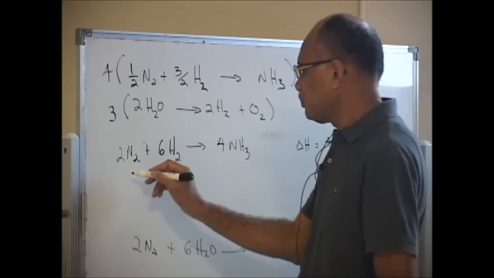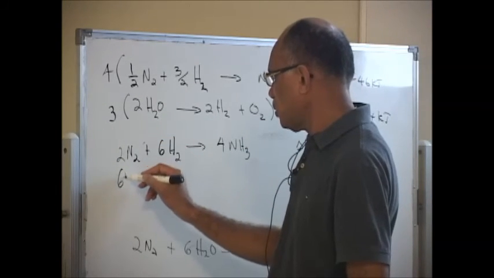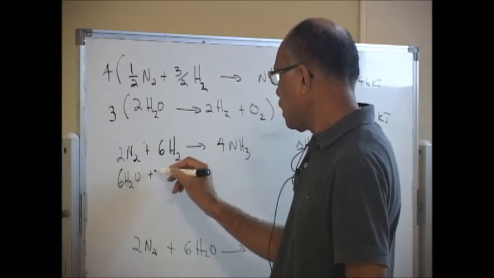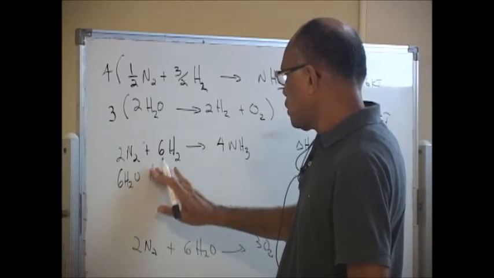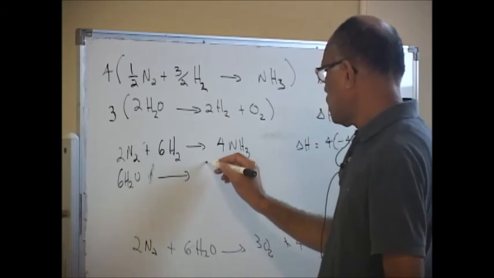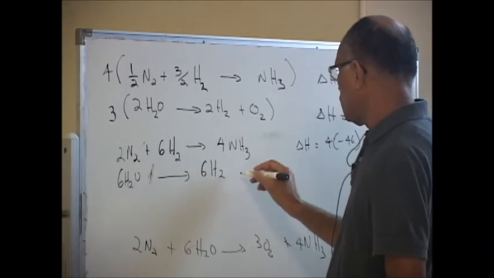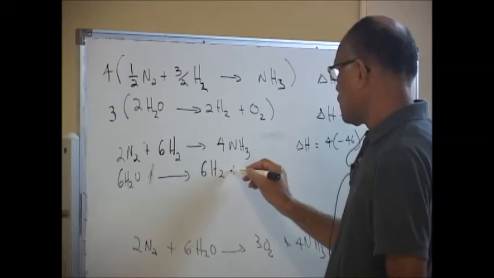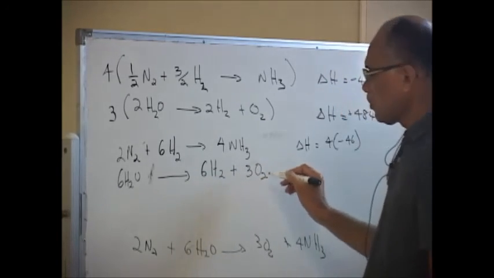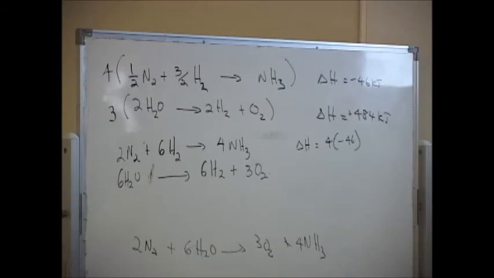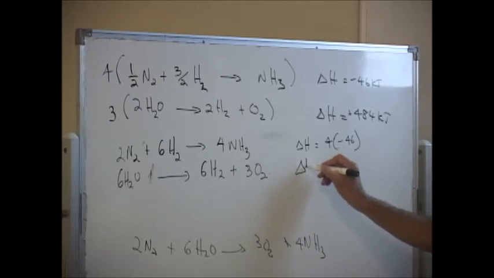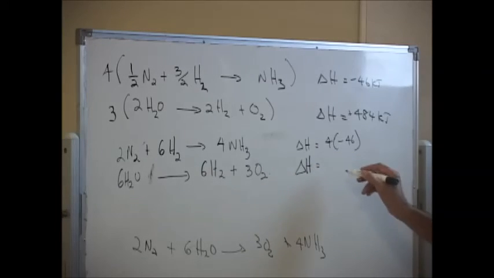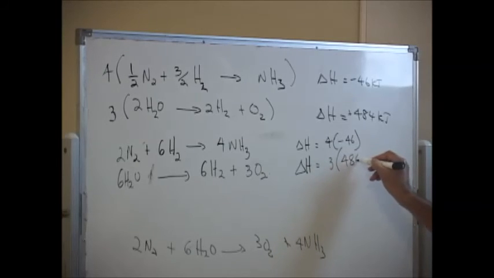And the second equation, you'll have 6H2O giving you 6H2 plus 3O2. And now delta H, that is enthalpy change, is going to be 3 times 484. Okay?